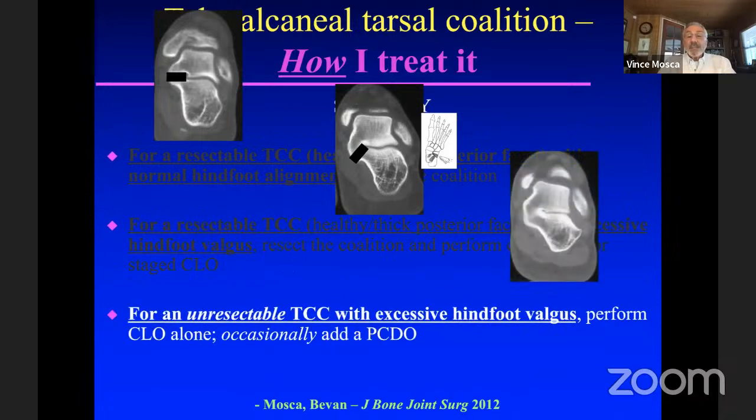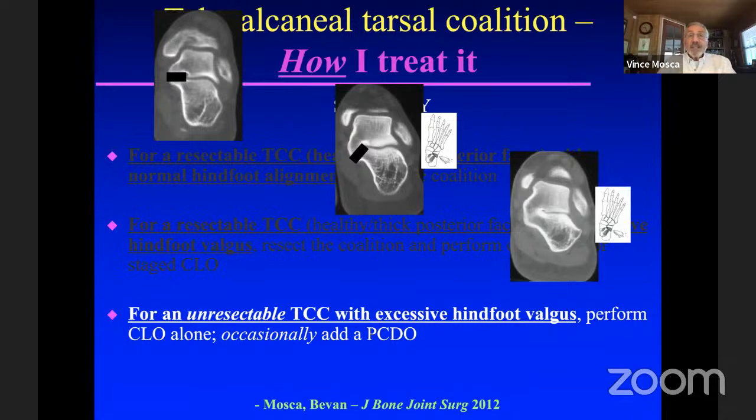And the third scenario is a thick, osseous middle facet coalition with a narrow, not healthy posterior facet, where you would not want to remove the coalition and create pain in this painless coalition. And the pain is not due to the coalition anyway, it's due to the deformity. Just correct the deformity.